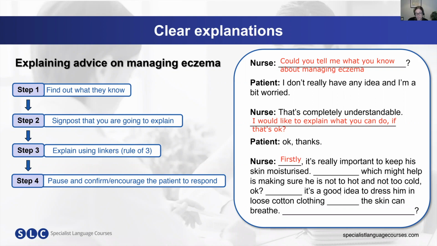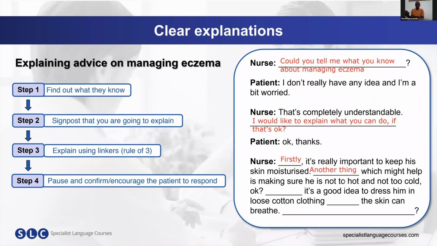So what could we use? Can I use another thing which might help? Absolutely, yeah. Another thing which might help is making sure he's not too hot and not too cold. Okay.